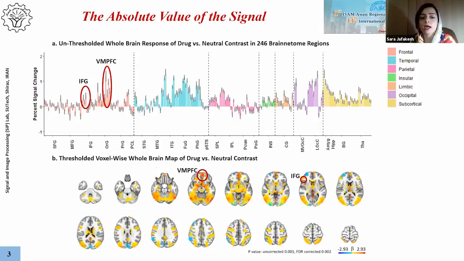And also we have activations in some regions like dorsolateral prefrontal cortex. These are all in the frontal cortex, which is very important in addiction. And also we have high activation in some other brain areas like temporal and amygdala.